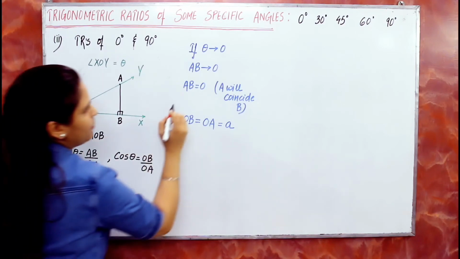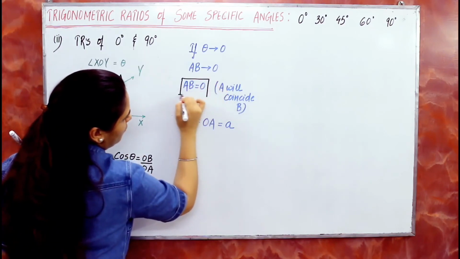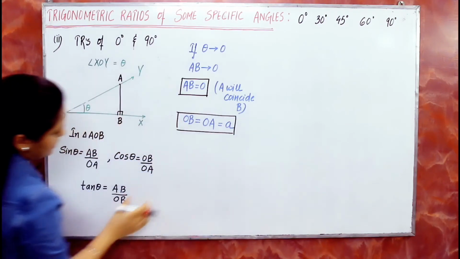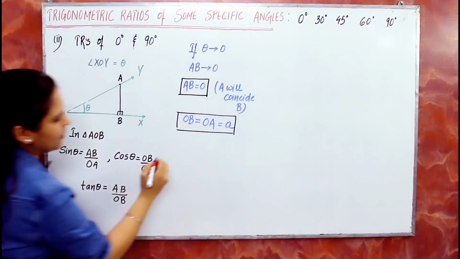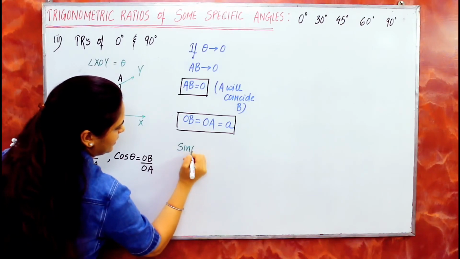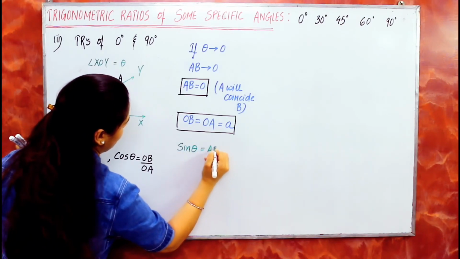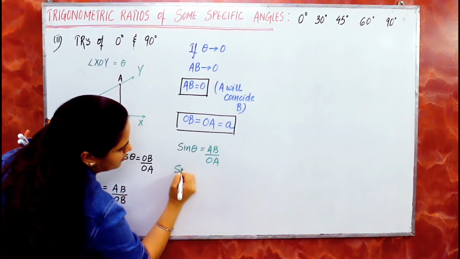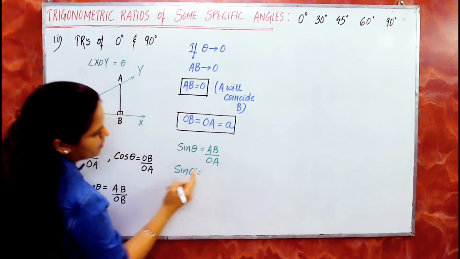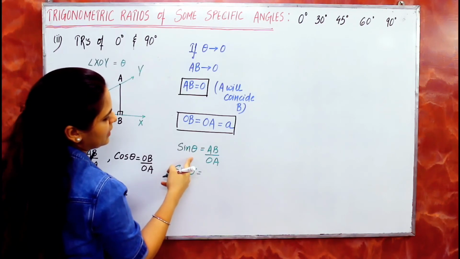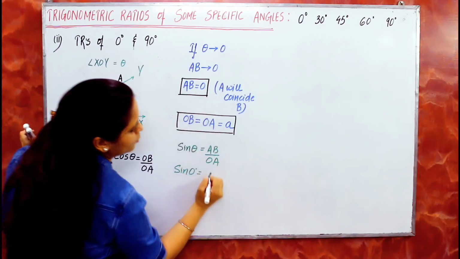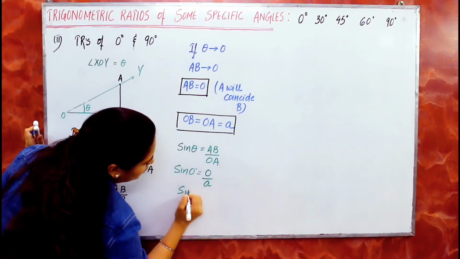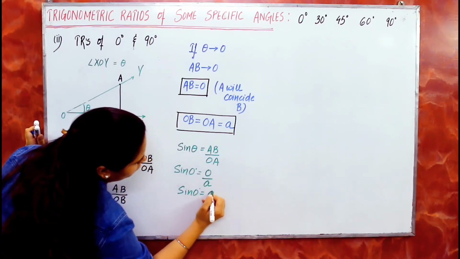Now we will put the values of AB, OB and OA in these formulas. Sine theta is equal to AB upon OA. Sine 0: at theta equal to 0, AB is equal to 0 and OA is equal to a. So sine 0 is equal to 0.